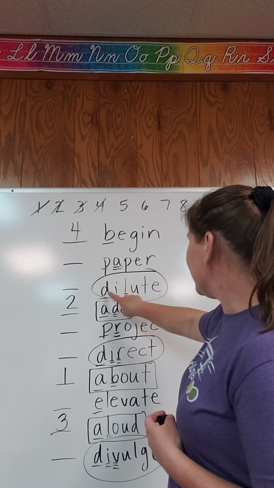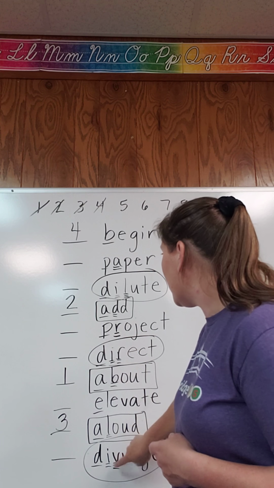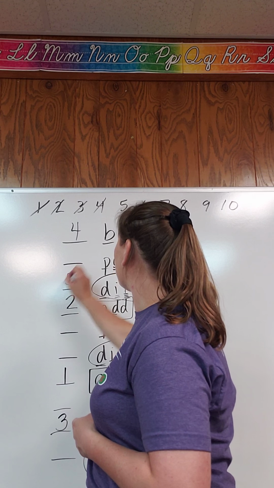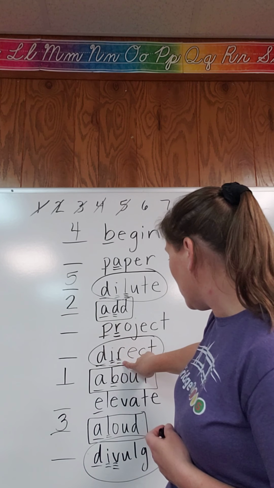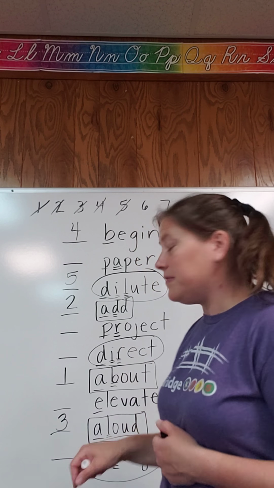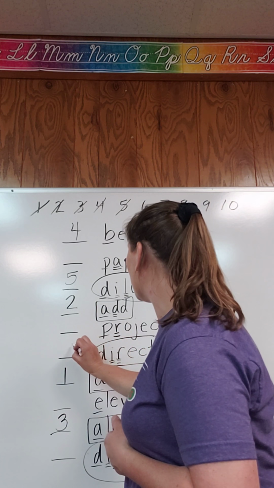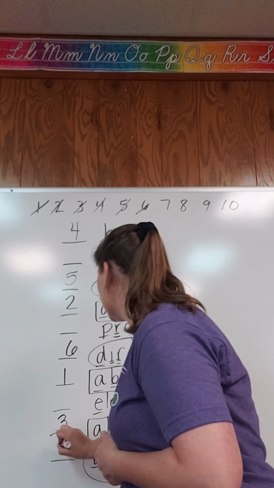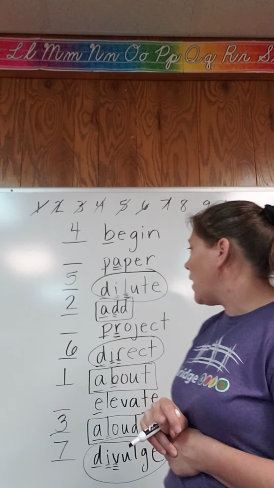It's going to be D-I-L because L comes before R and V. So dilute's going to be number 5. Then after that, would it be D-I-R or D-I-V? You guessed it. It's D-I-R. So direct is going to be the 6th word. Divulge is going to be the 7th word. And we're moving right along.